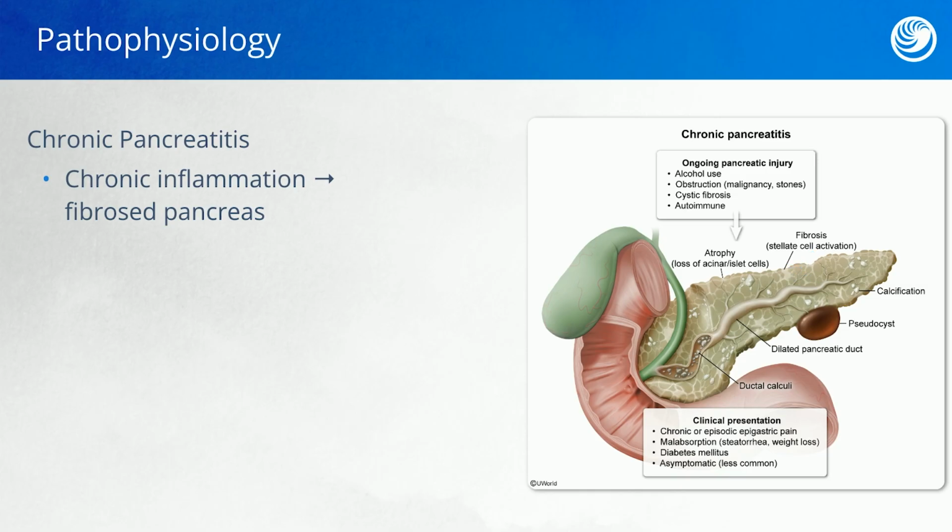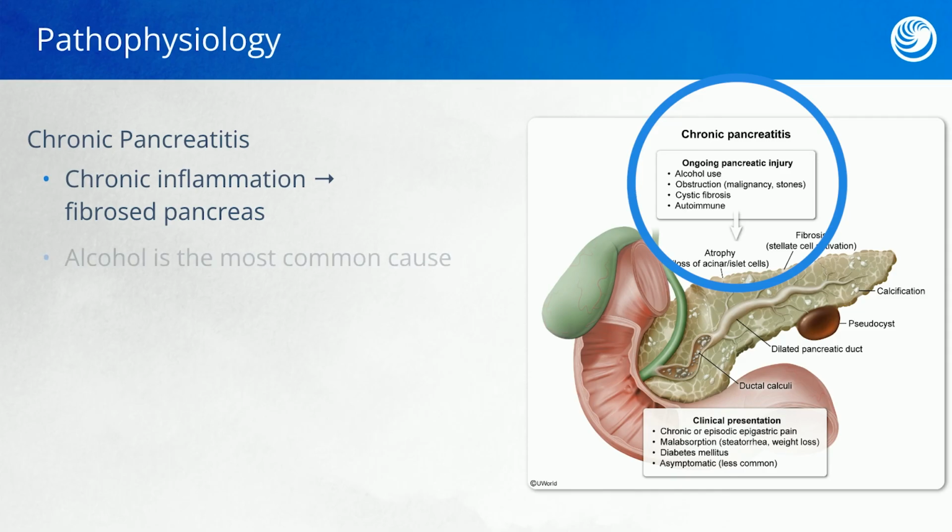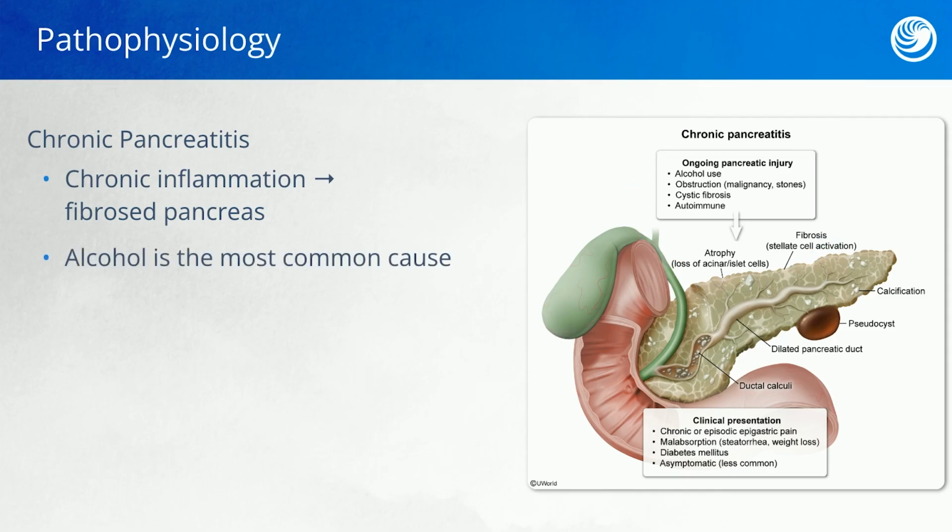Again, the most common cause that we're going to see for this development of chronic pancreatitis is going to be the use of alcohol. Chronic pancreatitis refers to everything that we've seen before, except this is a repeated process that leads to fibrosis of the tissue, as well as calcifications from buildup of the fat and calcium that accumulate within the pancreas itself.